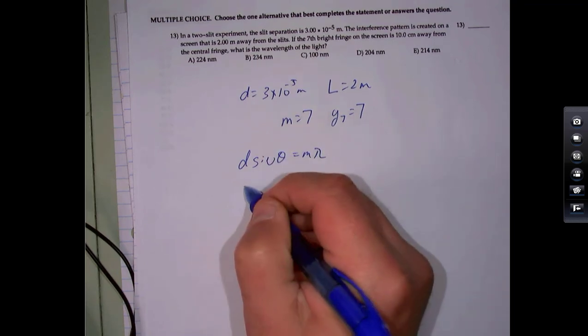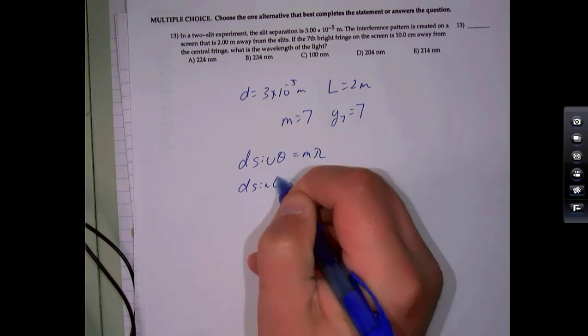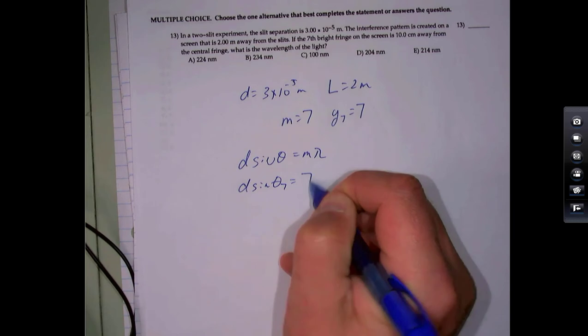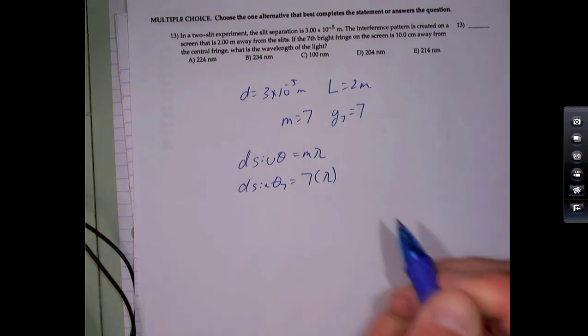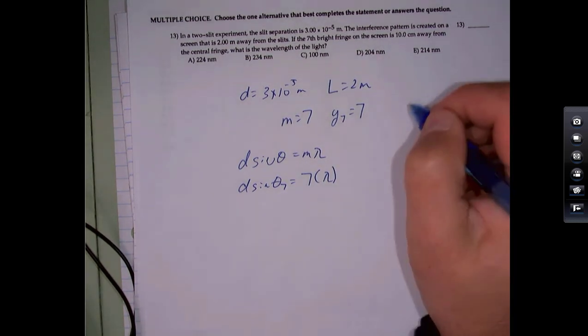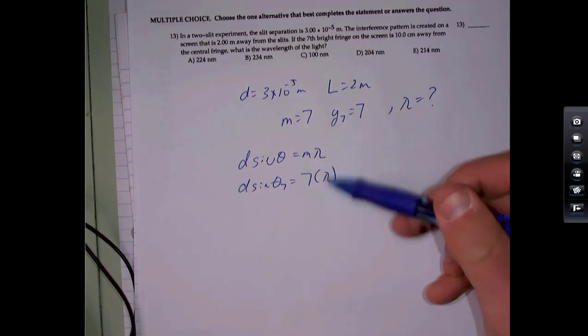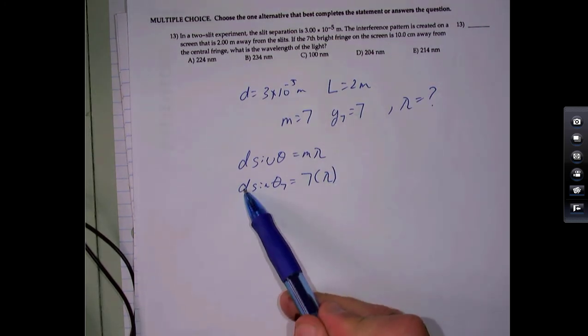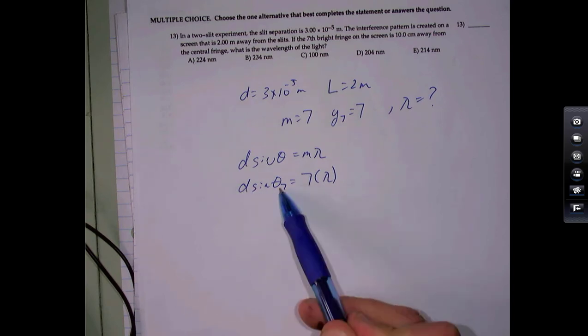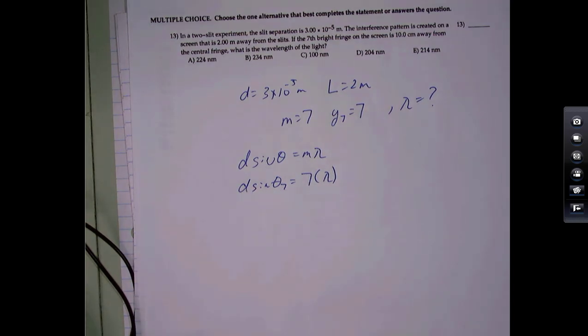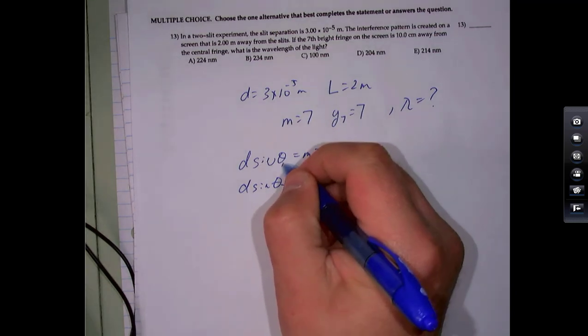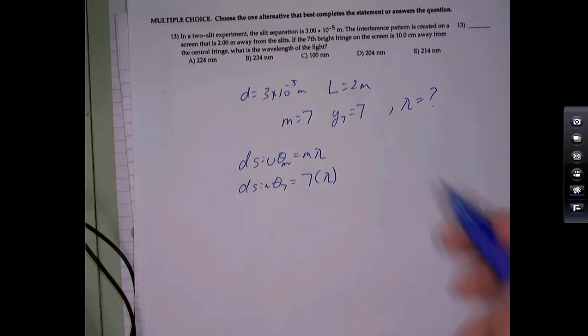For this specific problem, d sine theta 7 is equal to 7 times the wavelength. Here we're trying to figure out the wavelength. D is given, 7 is given. We don't know what theta 7 is. This little index m is here. This is the physics part.